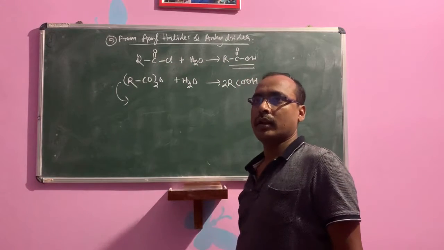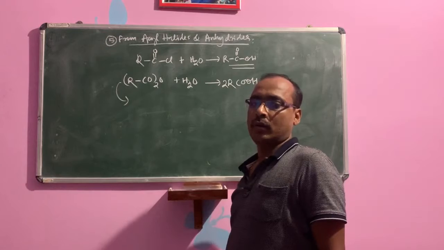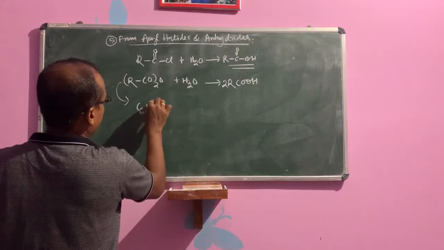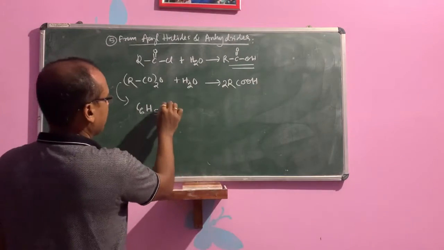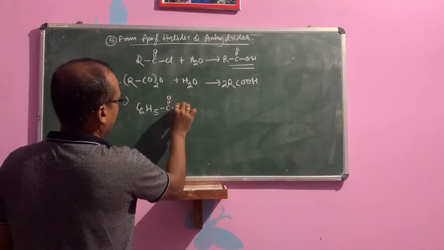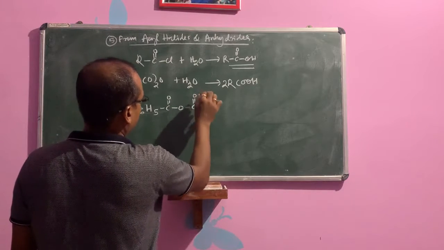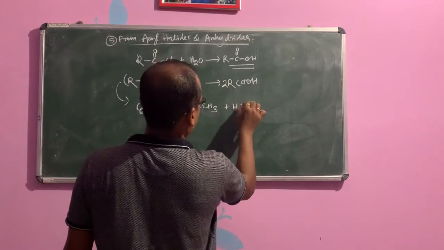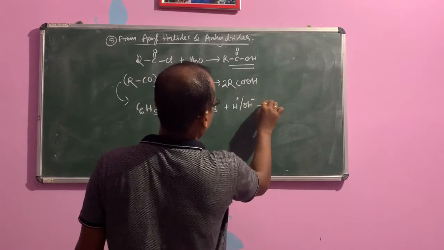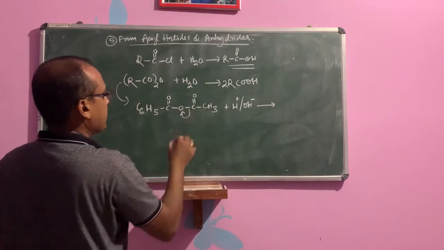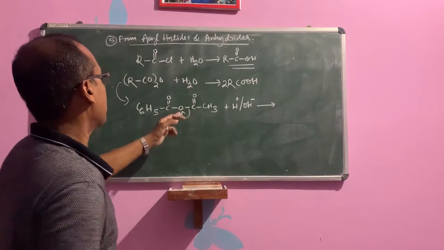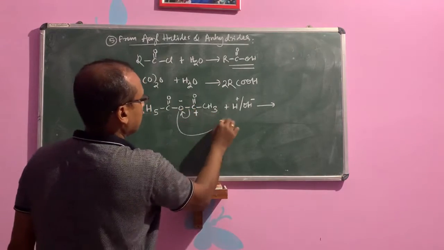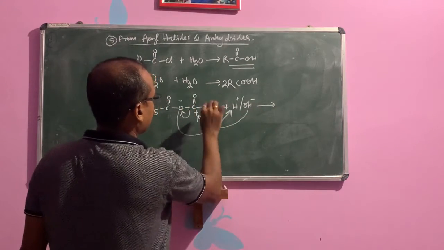benzene C6H5-CO-O-CO-CH3. Suppose one example, C6H5-C double bond O, O, C double bond O, CH3. In presence of water, H plus and OH minus. You see the mechanism. On either side of the bond, oxygen will accept the negative and the other one is positive. The negative will go to hydrogen and this negative will go to carbon.